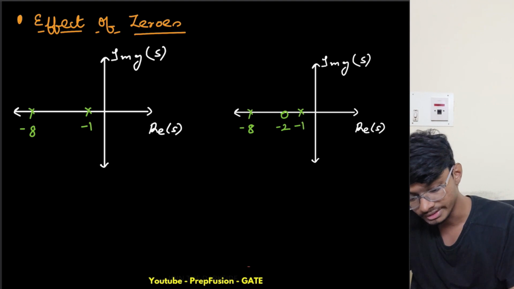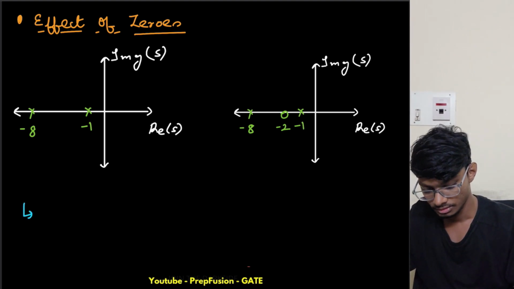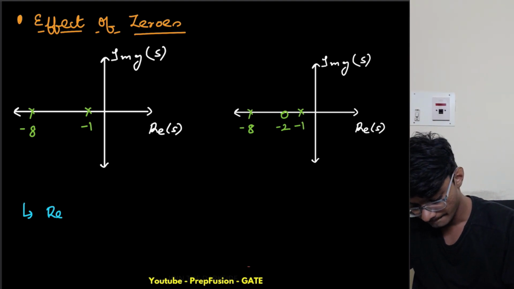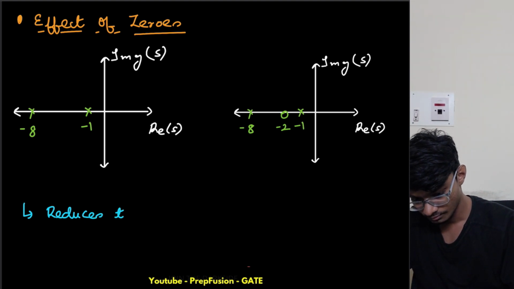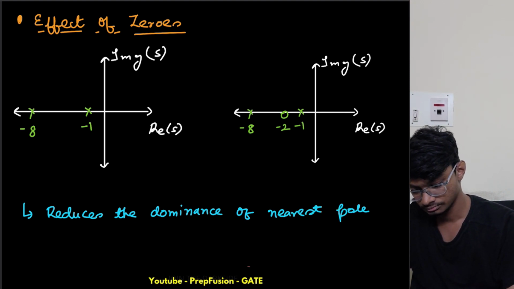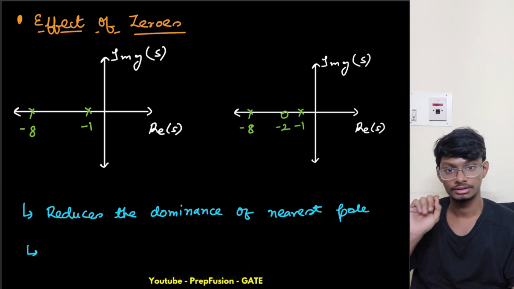So what are the two things that my zero does? Zero basically reduces the dominance of the nearest pole, and another thing is it cancels the effect of the nearest pole.